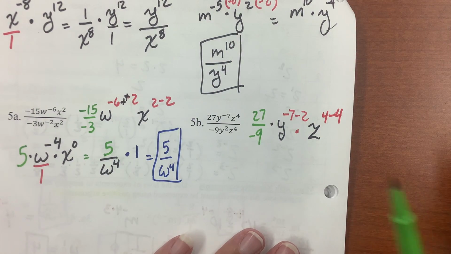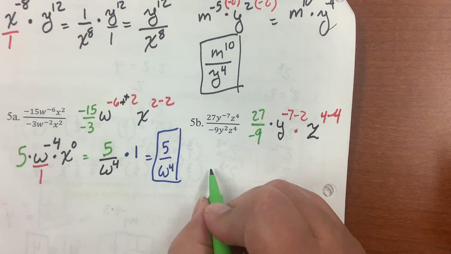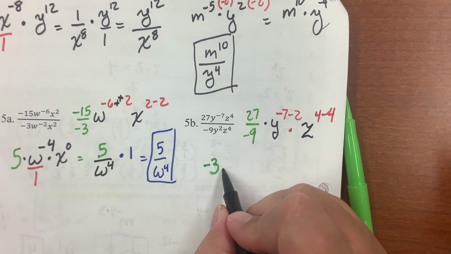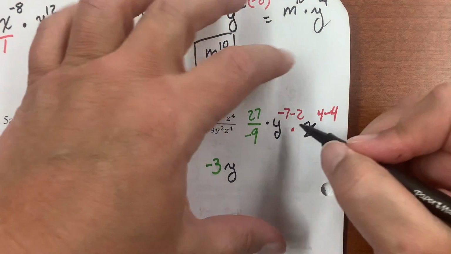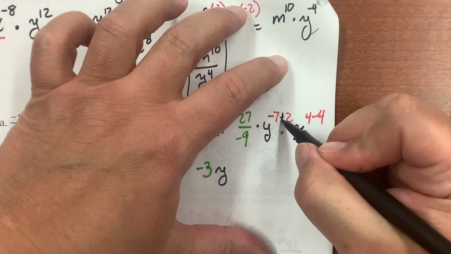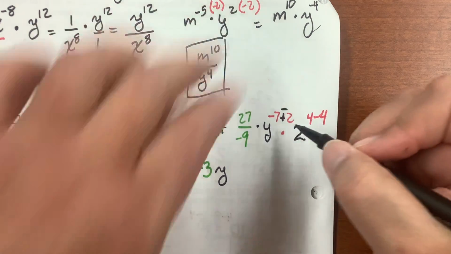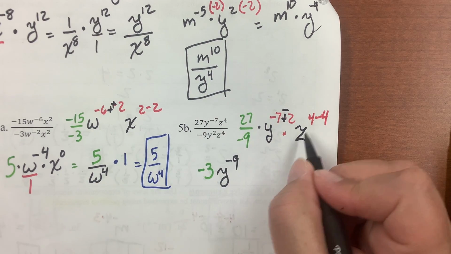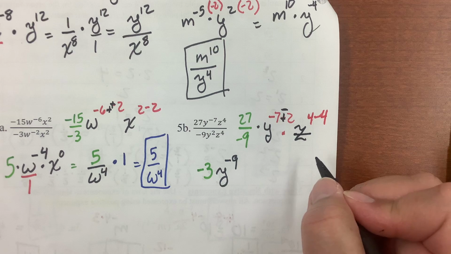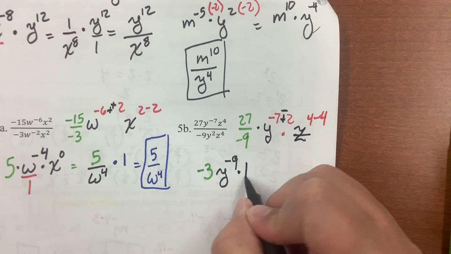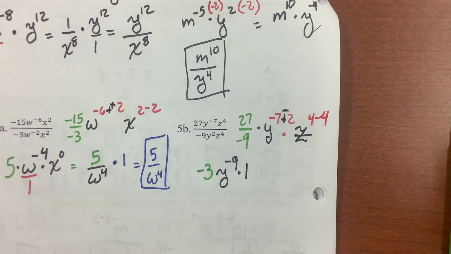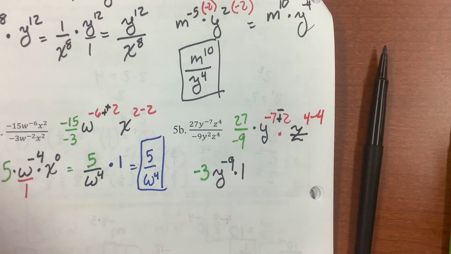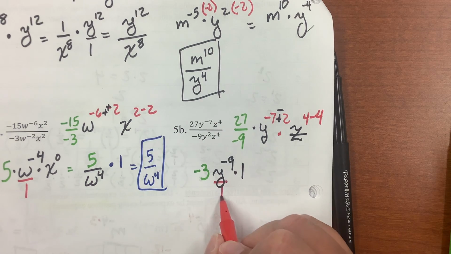27 divided by negative 9 is negative 3. Y, if I do keep, change here, negative 7 plus negative 2. That's going to be negative 9. 4 minus 4 is 0. Z to the 0 power times 1. Put the part with the negative exponent over 1, and that's going to flip.